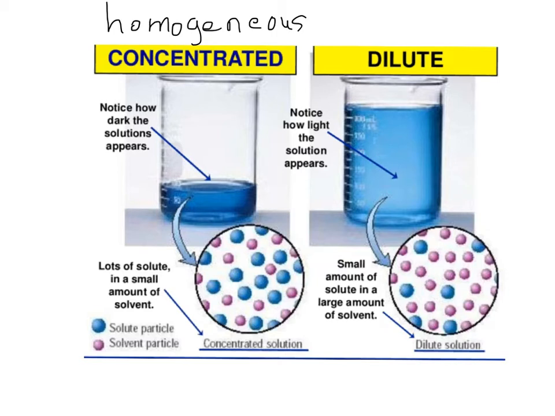By definition, if you are a solution, if one thing dissolved in another, that means the particles are attracted to each other, and that means there'll be an even distribution of the solute through the solvent, which is how you get that sense that the mixture is the same throughout, which is where the prefix homo comes from. It means the same. So if something's homogeneous, it's the same throughout. So in the dilute mixture, you have fewer copper sulfate particles in the water. And that's what makes it have a lighter color and a lower concentration.